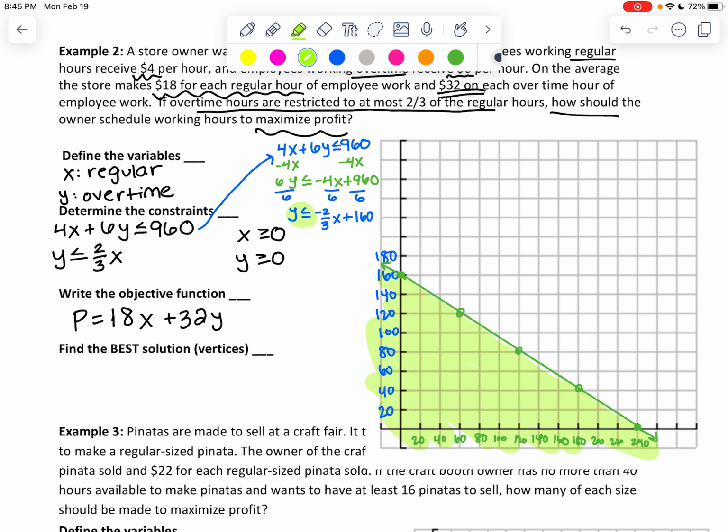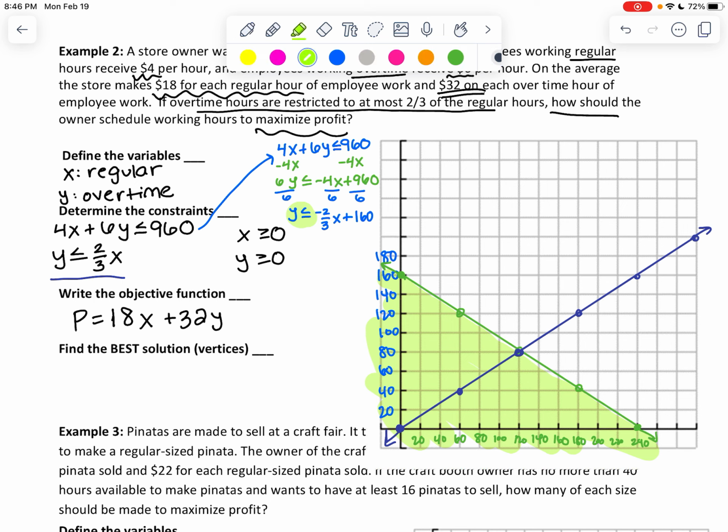All right. The next one that we have is y less than or equal to negative 2/3 x. That one's actually already ready for us to graph. It has a y-intercept of 0, so I'll plot that point here, and then a slope of positive 2/3. So I'll go up 2 over 3, up 2 over 3, up 2 over 3, and continue that pattern until we're off the graph here.